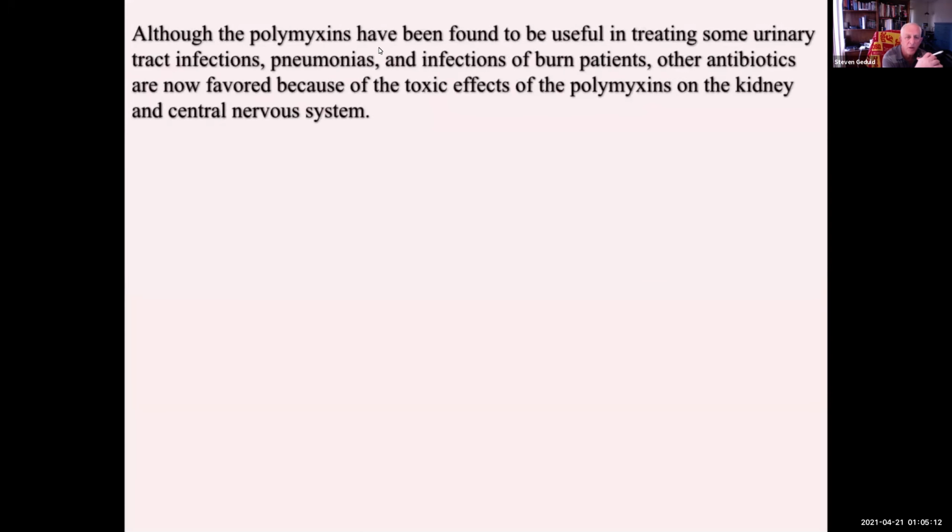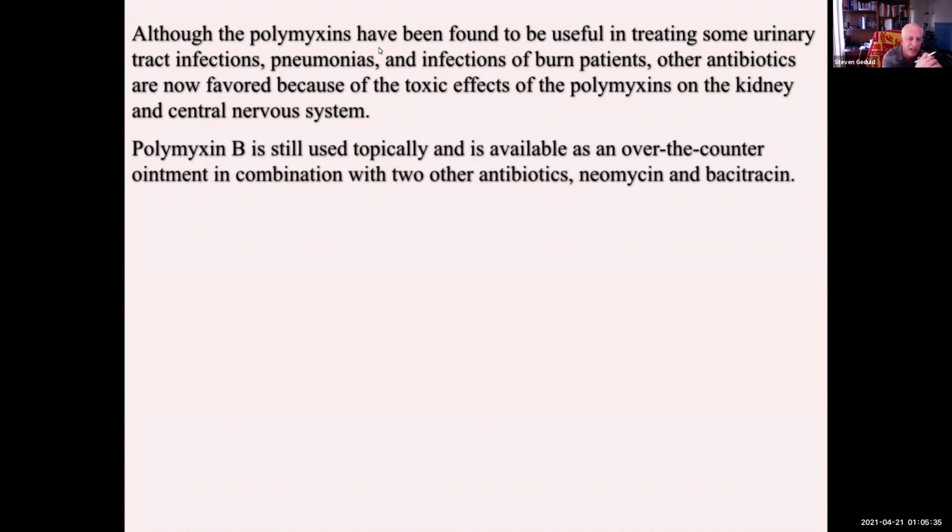Although the polymyxins have been found to be useful in treating some urinary tract infections, pneumonias, and infections of burn patients, they are not favored because of their toxic effects on the kidney and central nervous system. So you've got to be careful. Like I said, all medications have side effects. Be very careful what those side effects are.